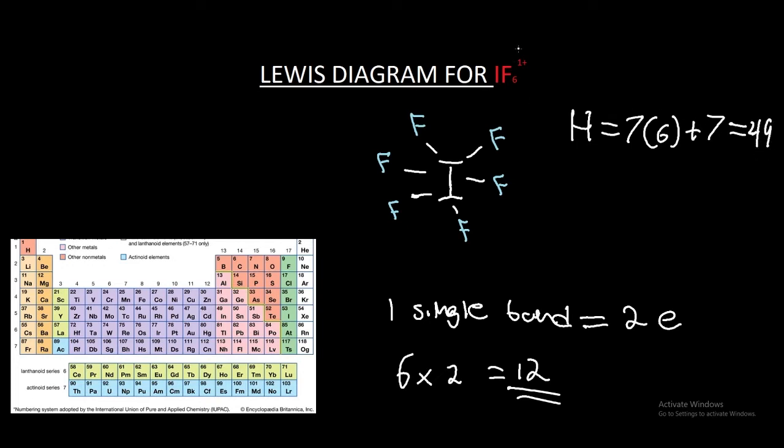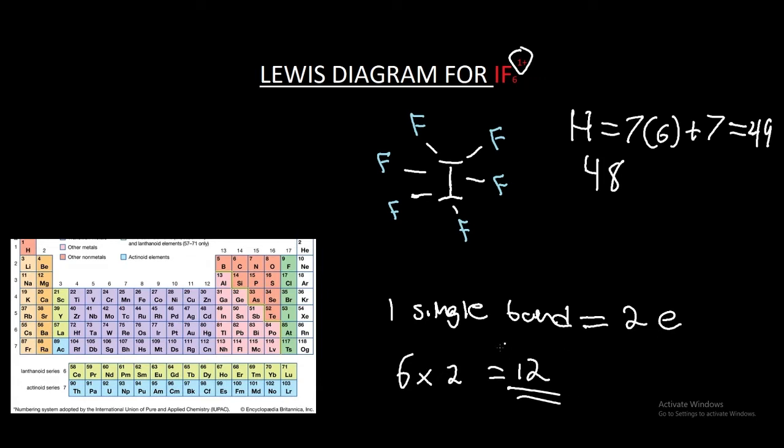However, be careful, because remember this 1 plus charge, that means we lost an electron. There is minus 1 electron in this molecule. So, realistically, we have 48 electrons, because 49 minus 1 electron equals 48 electrons. So we had a total of 48 electrons.